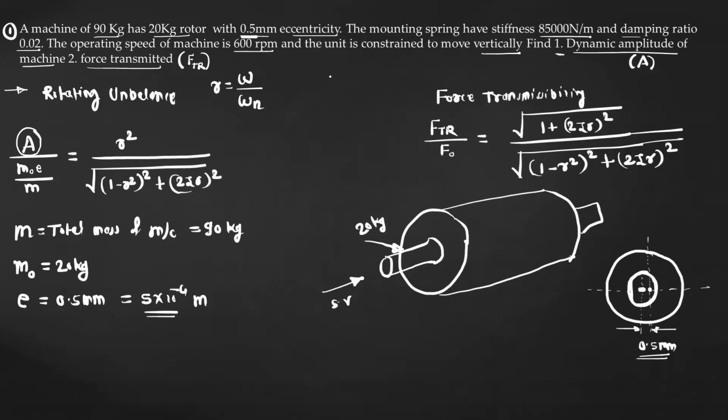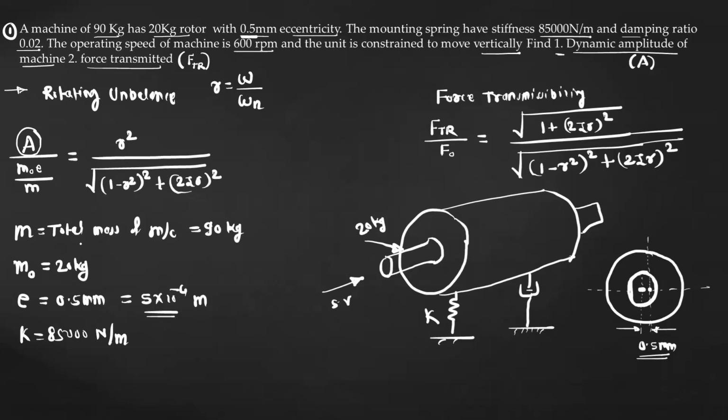Okay. Then the stiffness is given, on which this complete assembly is mounted. So suppose it is mounted on an arrangement which is a spring and damper. This is just a schematic. So this stiffness is given as 85,000 Newton per meter, and the damping ratio is equal to 0.02.